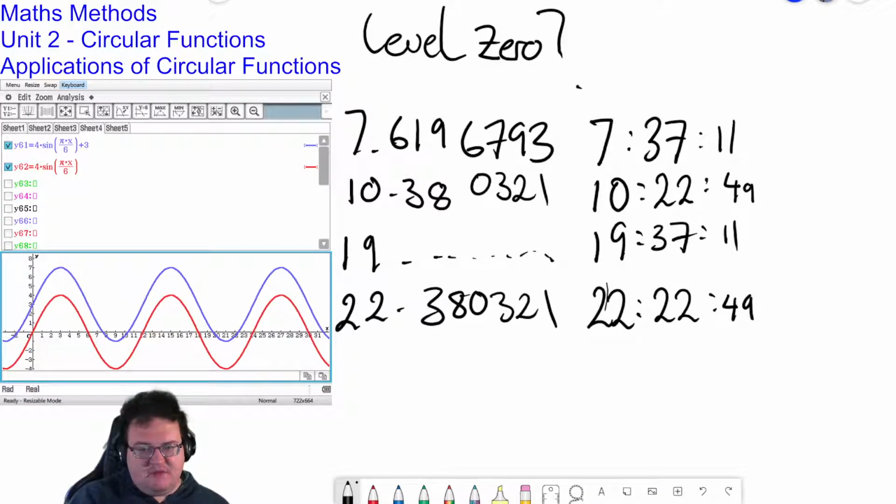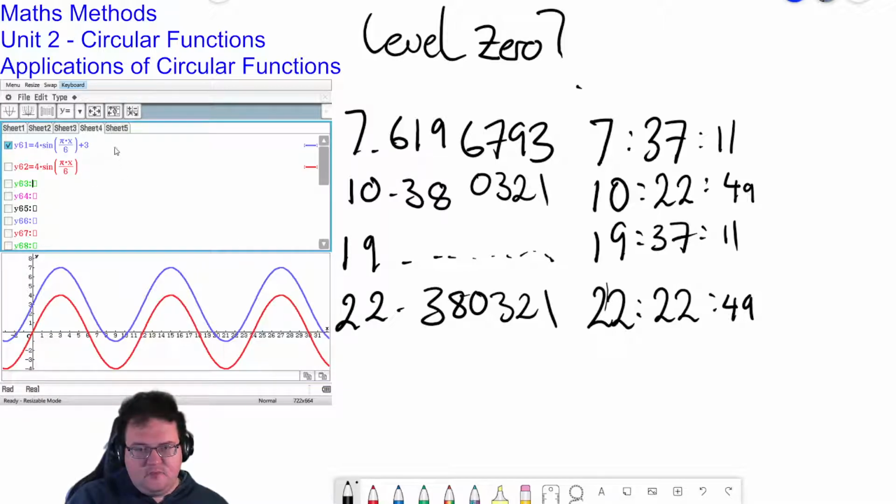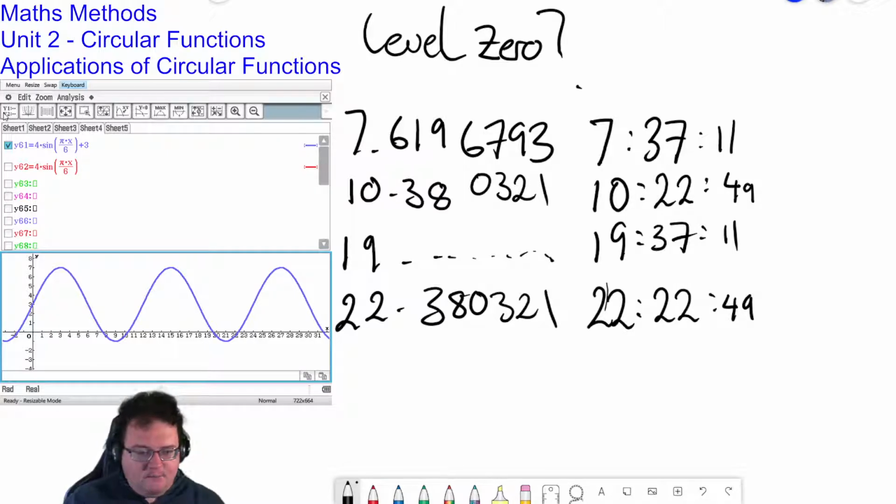Because the shape of the graph is exactly the same. The only thing that changes is where the center line of my graph is. Normally the center line on the red graph is at 0 because everything balances around 0. However, that obviously changes when you move that center line up or down. So you can indeed move it down, with a minus, but we're not worrying about that right now.